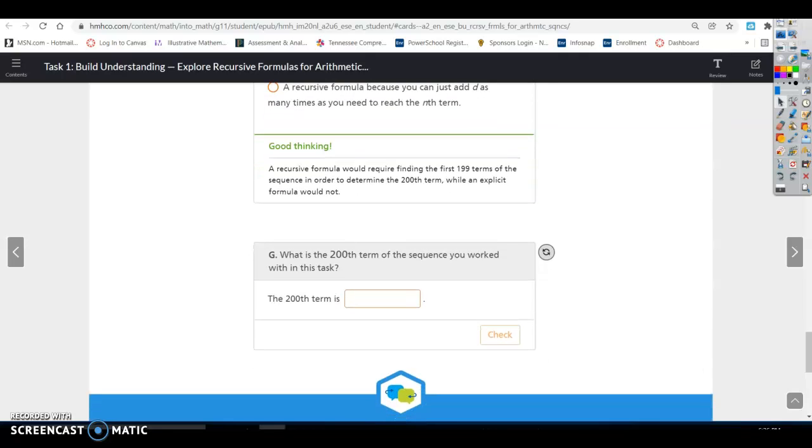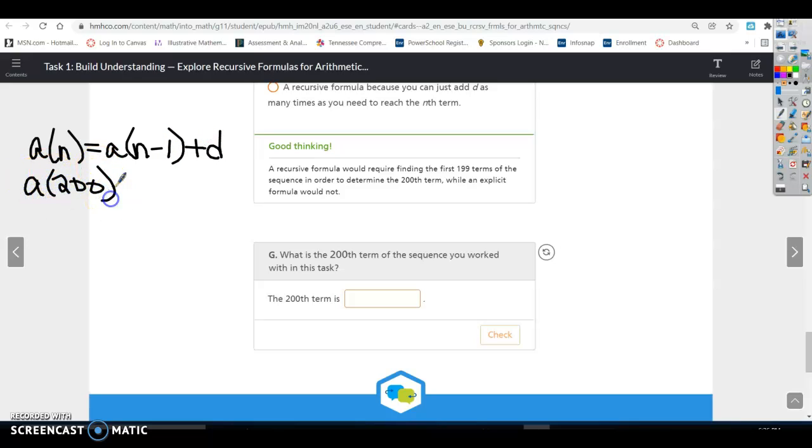All right, so it says, what is the 200th term of the sequence you worked with in this task? All right, so if we look, we've got a sub n equals a times the previous term plus your common difference. In this case, we know that we want to find the 200th term.